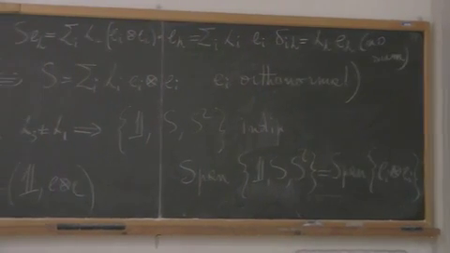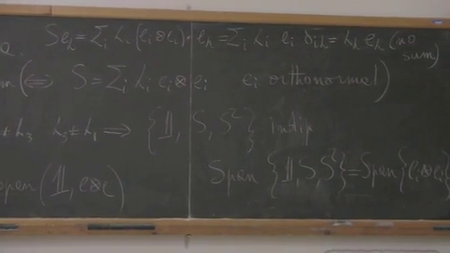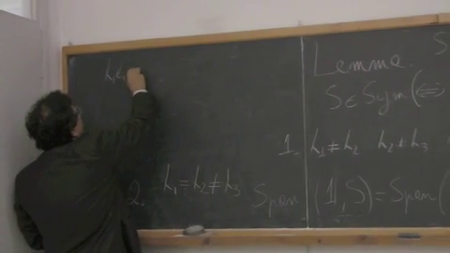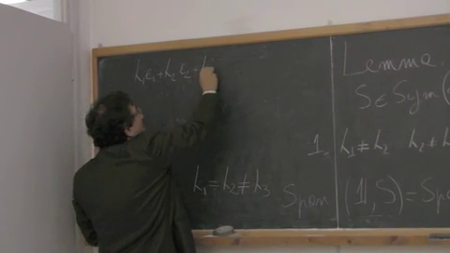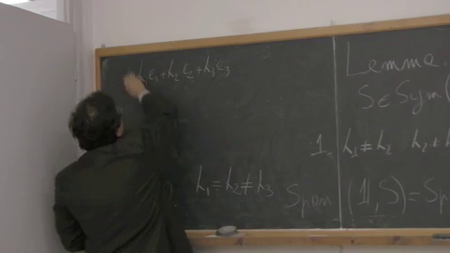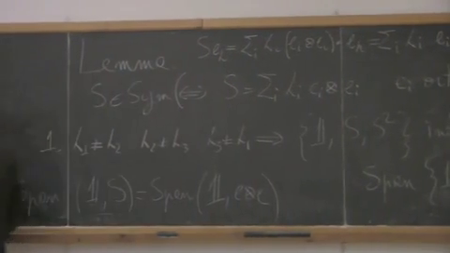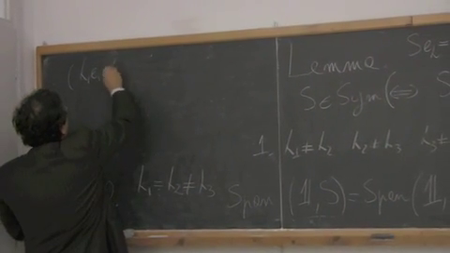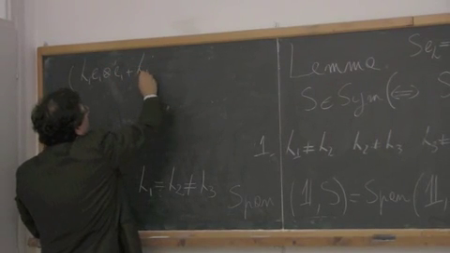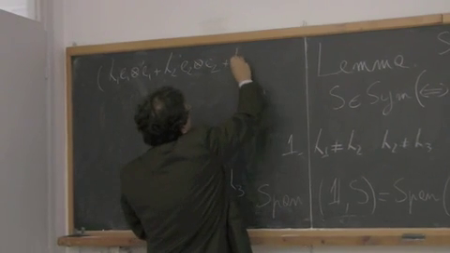And I remind you that n equal to 1 million is a conceivable n. So here I can write lambda_1 e_1 plus lambda_2 e_2 plus lambda_3 e_3, so the complete expression we have in 3 dimensions is this one.